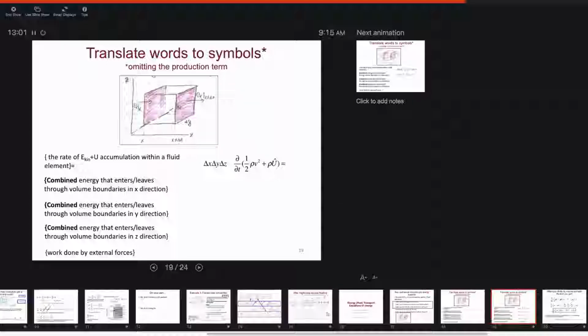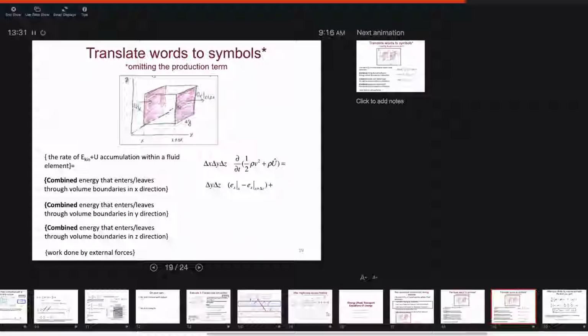And now we're looking at the energy as quantified by E, vector E, that enters and leaves through this volume boundaries in x direction. So that is our Ex evaluated at x times the area, which is delta y delta z, minus Ex evaluated at x plus delta x, also times the area.